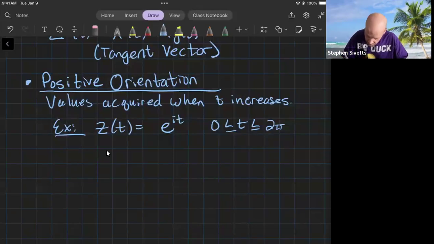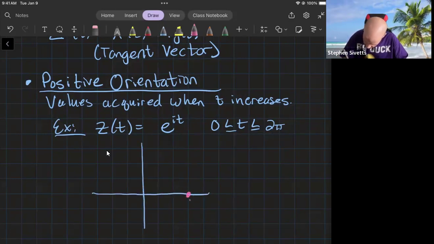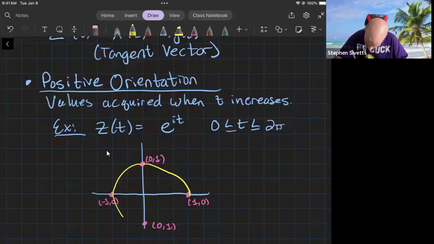So when t increases, our circle of radius 1 starts at 1, 0, and then it goes to 0, 1, that's pi over 2, and then minus 1, 0 at pi, and then 0, minus 1 at 3 pi over 2. So when t increases, the positive orientation would be counterclockwise. So we're going to go this way.